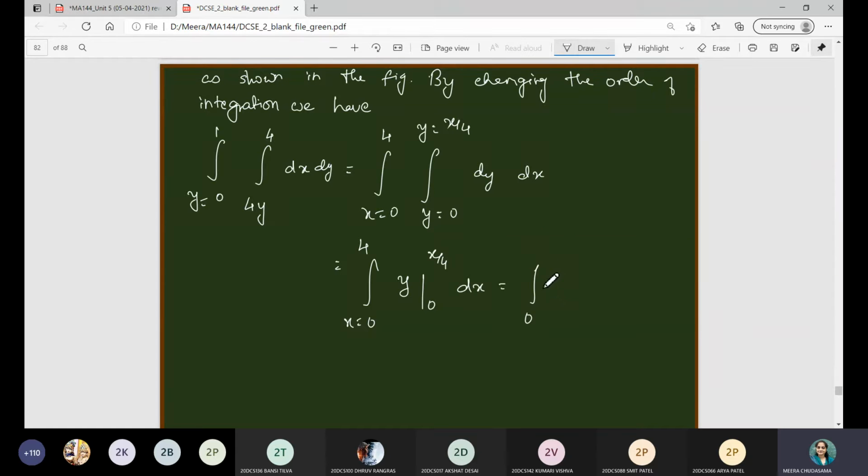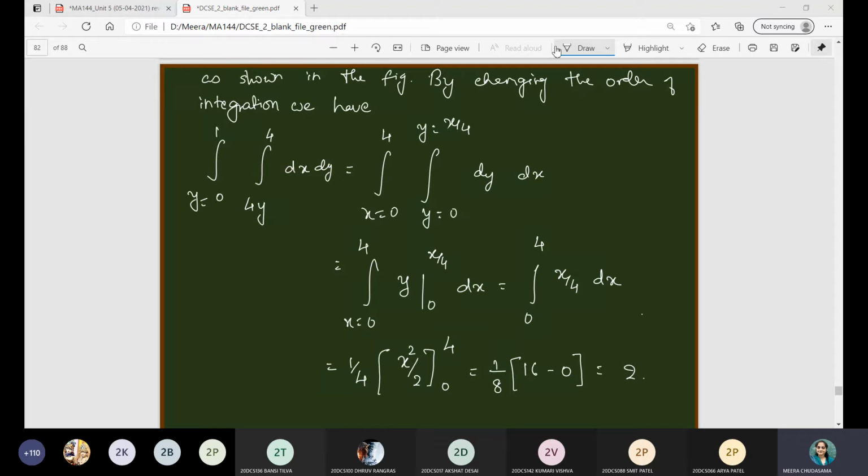So this is nothing but integration 0 to 4 of x by 4 minus 0, so just x by 4. 1 upon 4 being a constant quantity, I can take it outside, and integration of x is x square by 2, varying from 0 to 4. So you can see that 1 upon 8, 16 minus 0, so answer is 2. Final answer is 2, right?